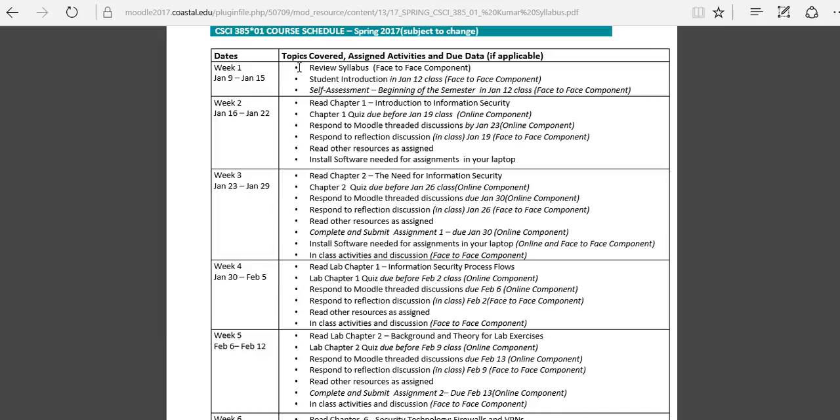Then every week going forward you will have a chapter to read and a quiz to complete before we meet on Thursday, and a reflection discussion question to complete before we meet. Then a reflection on what you learned and the interesting concepts observed is due by the Monday following that week.